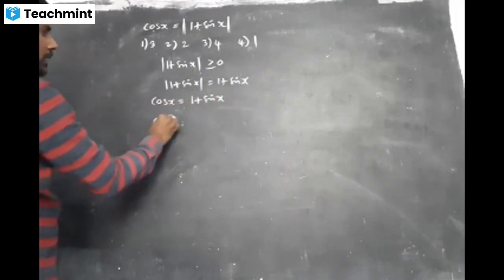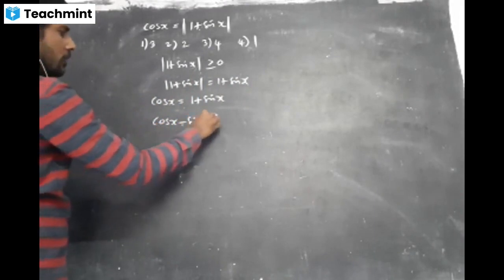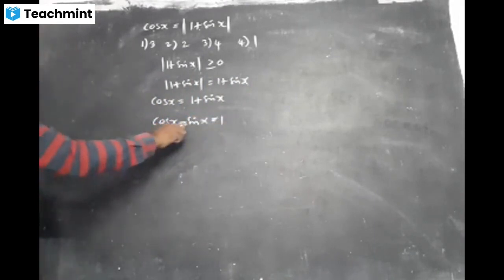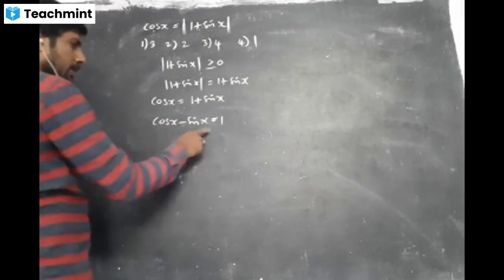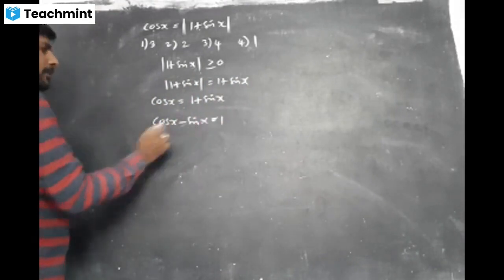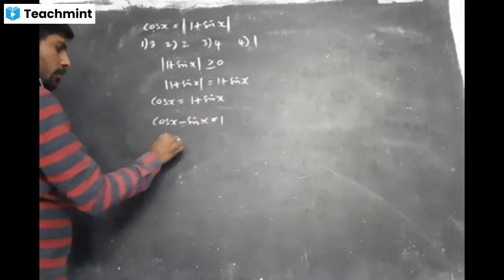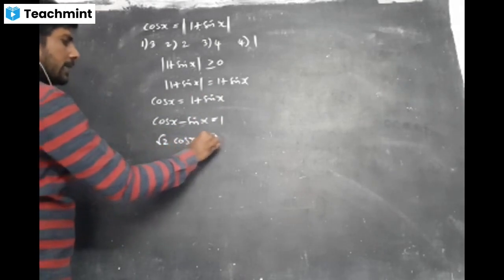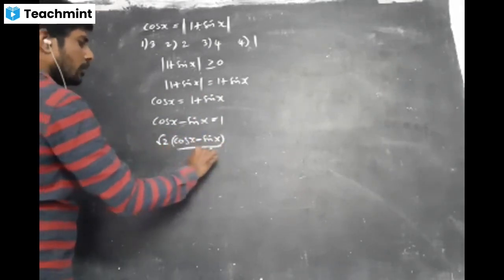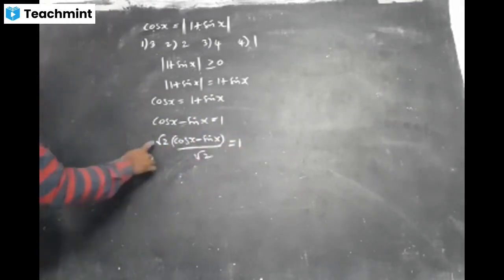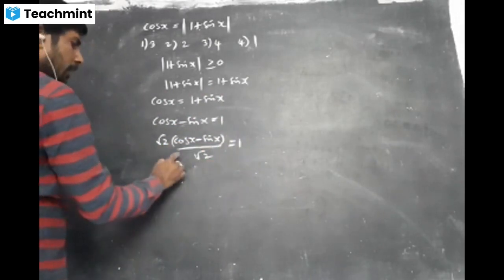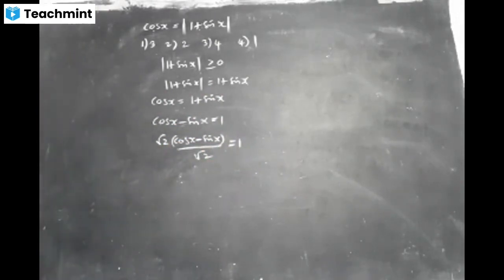This sin x comes to this side: cos x minus sin x is equal to 1. It is the same as the previous problem. We can multiply and divide by root 2: root 2 into (cos x minus sin x by root 2) is equal to 1. This root 2 goes to the other side: 1 by root 2 cos x minus 1 by root 2 sin x. Sin or cos?